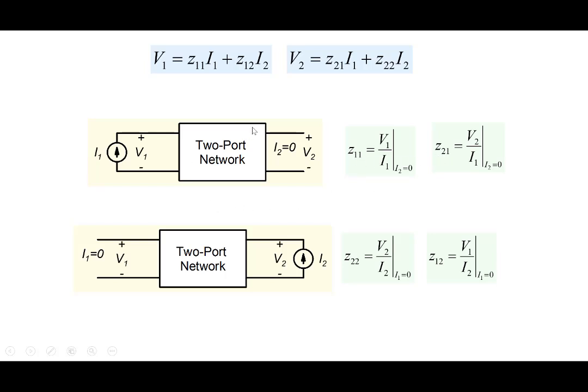Any unknown, complicated circuit, any amplifier, even if you don't know what is inside it, you could open it out, apply a current source, measure V1 and V2 on an oscilloscope or a multimeter, and simply take the ratios of the measured values. Thereby you have Z11, Z21, and similarly Z22 and Z12.